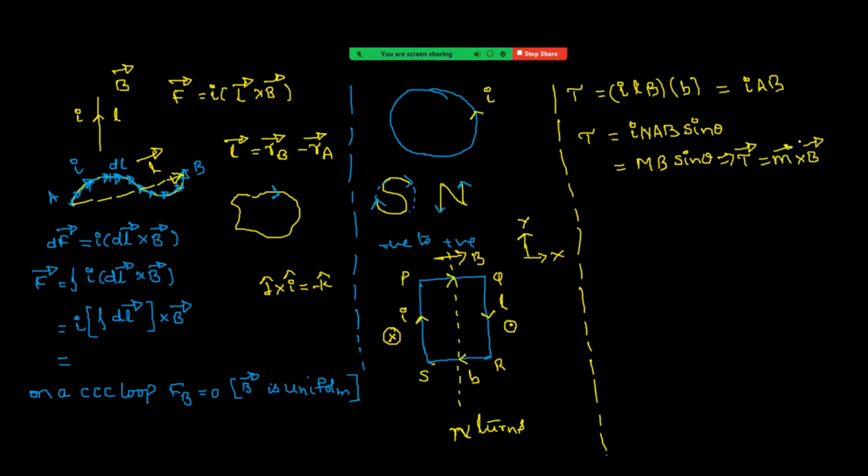If you remember electric dipoles, there we have discussed torque. It is equal to, sorry, p bar cross e bar. It is now m bar cross b bar. Okay. So torque is maximum if the angle is 90. So in this, what is m bar? M bar is equal to I into N into A bar.